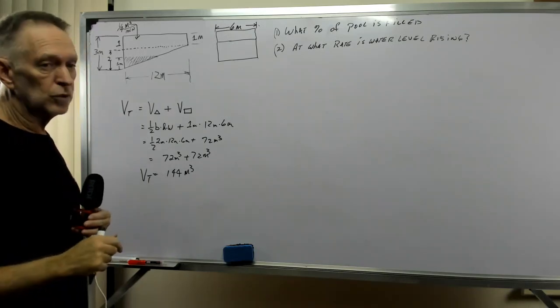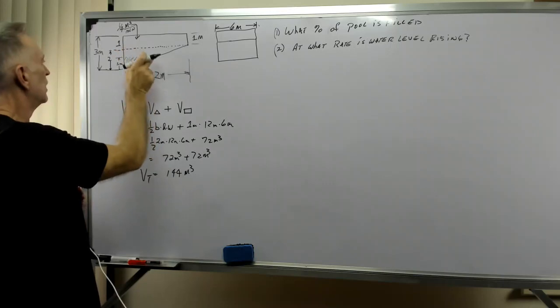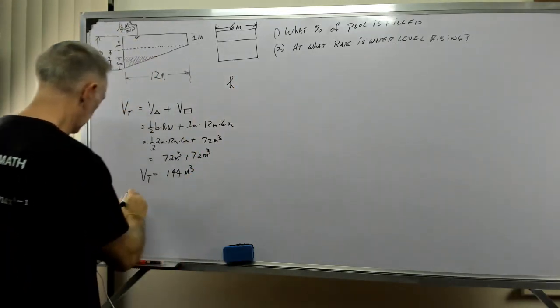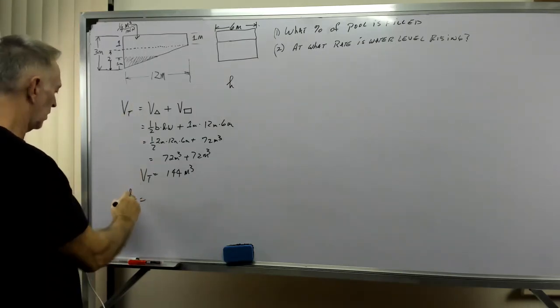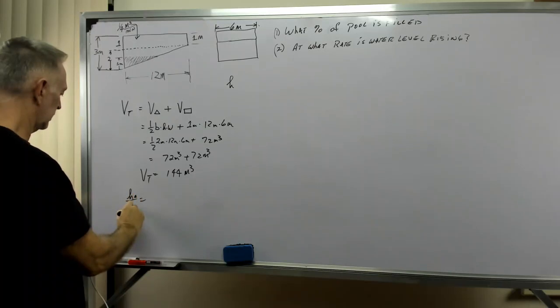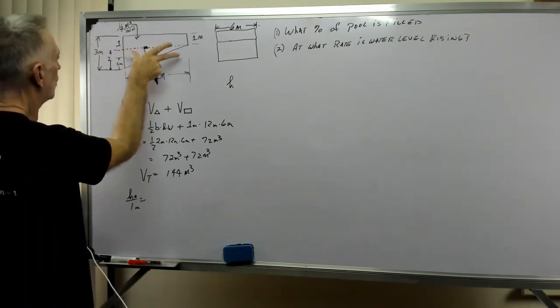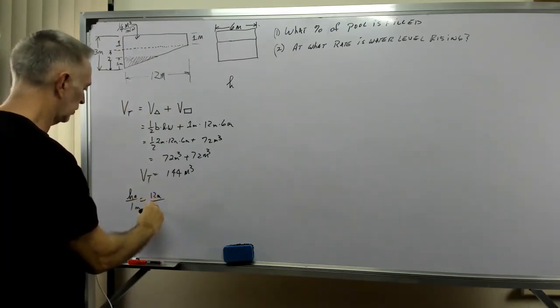But we can do like triangles. I have the height, we'll say h, I'll put it down here. H is to 1, and these are all in meters. H meters is to 1 meter as 12 meters is to 2 meters.